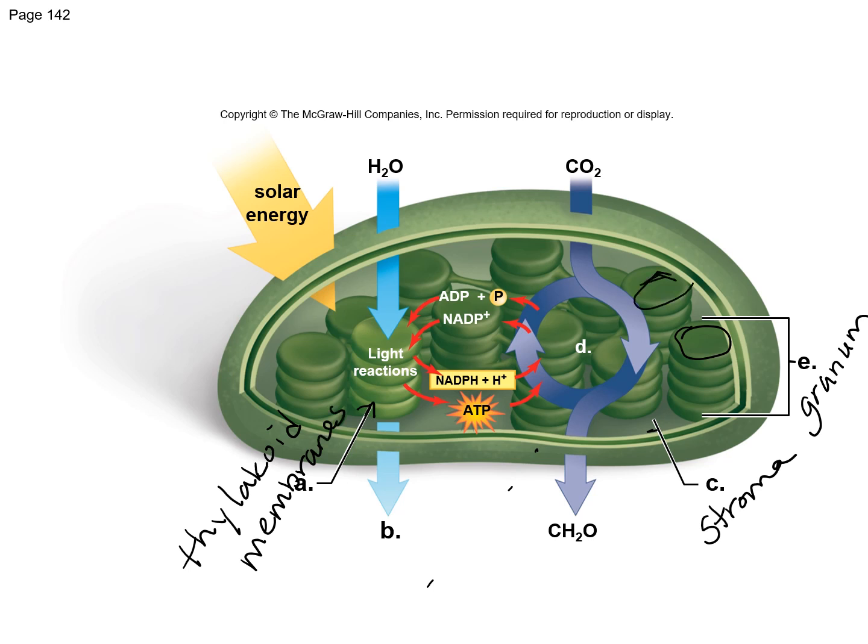And in the light reactions, we're going to produce our oxygen and ATP. We're going to carry off our hydrogens to the Calvin cycle. And ultimately, we're producing a molecule that will become glucose.